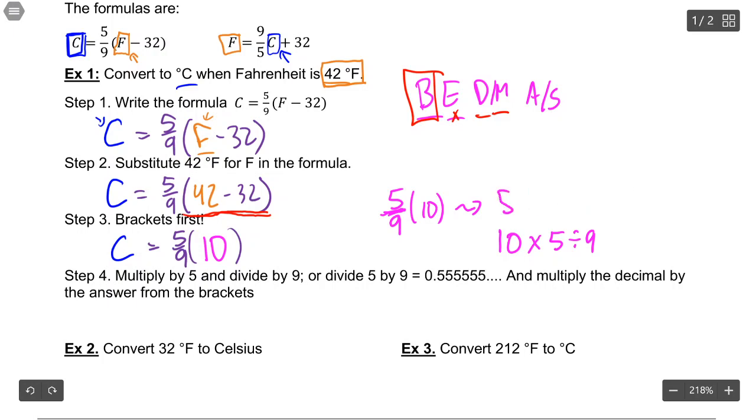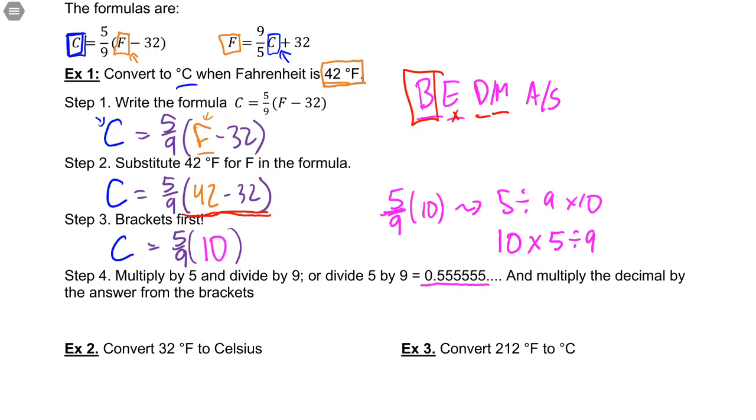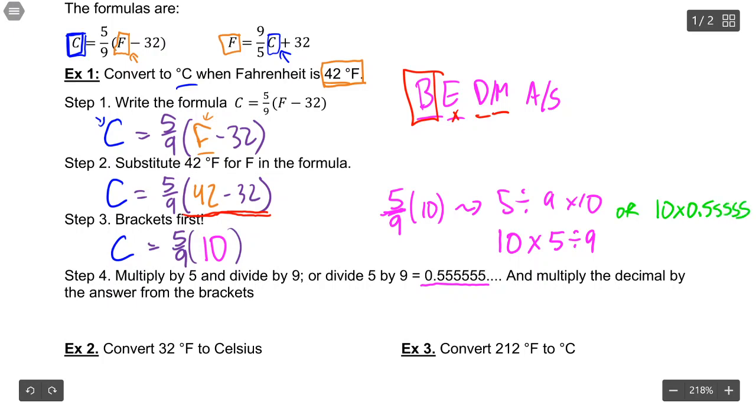The other thing that you could do is you could actually do 5 divided by 9 in your calculator and you get 0.55555555555 for a while. And so another option is you could do 10 times 0.55555 and just mash 5 for a while on your calculator until you get bored.